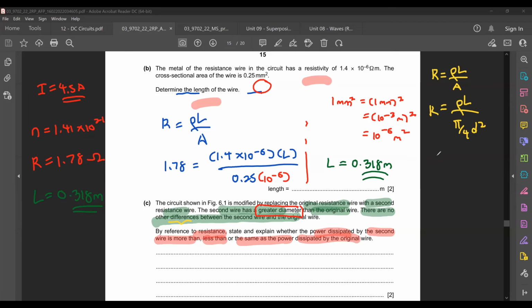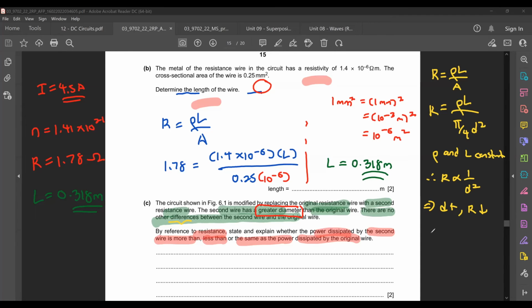So I can actually say that rho and L are constant, therefore R is inversely proportional to diameter squared. So if diameter is greater, the resistance is therefore smaller. Okay, so that is what we know.